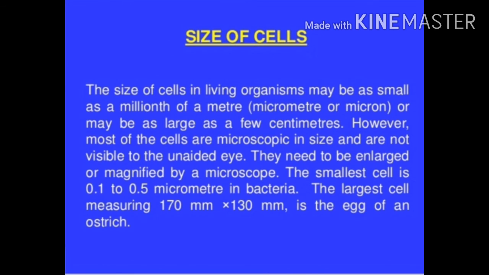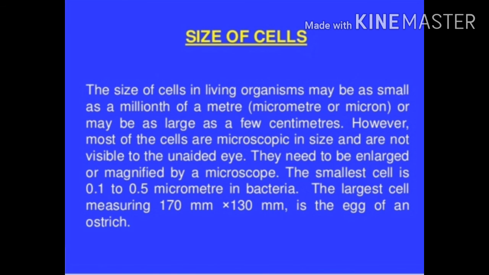Size of cells. The size of cells in living organisms may be as small as a millionth of a meter, that is called a micrometer or micron, or may be as large as a few centimeters. However, most cells are microscopic in size and are not visible to the unaided or naked eye.